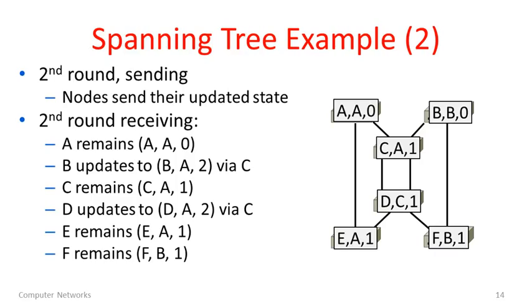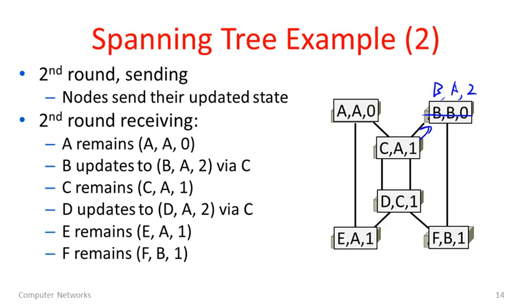B, as it gets this message from C, let's see here, unfortunately, B learns that it is not the best option. B will update its state to be B, A, 2. It's 2 hops from A. A is a better root than B. And it's going to reach the root through C.